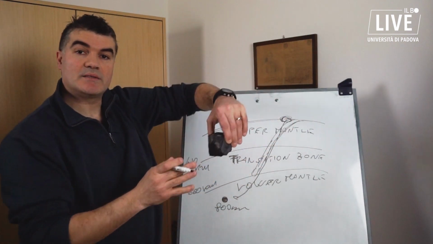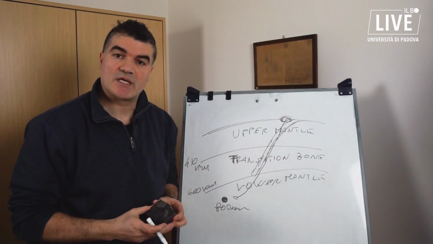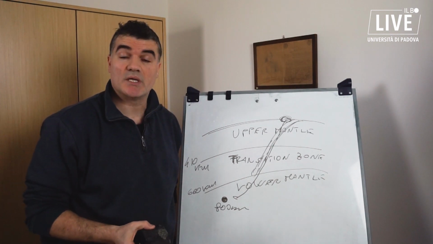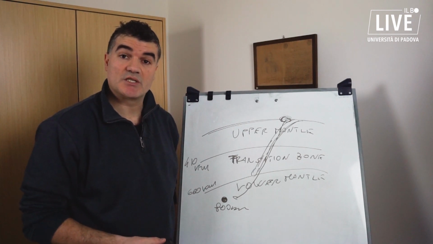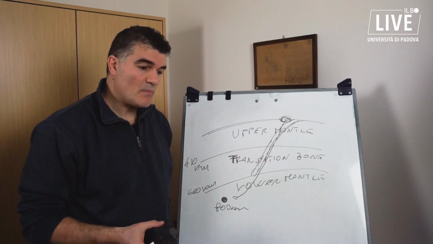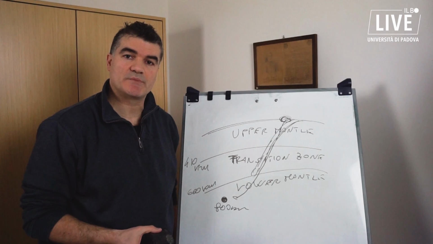Okay, so why today am I talking about this discovery of last year? Because some colleagues from Tokyo University published in Nature a very recent discovery just in January. And they did a very special experiment.